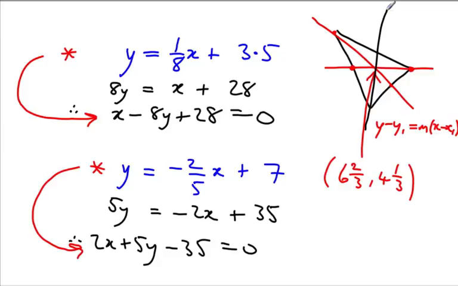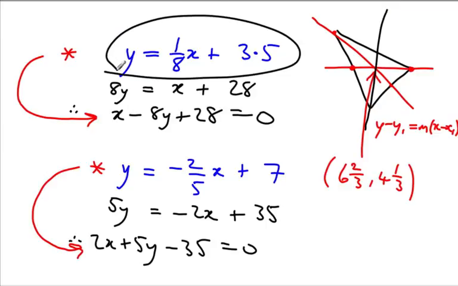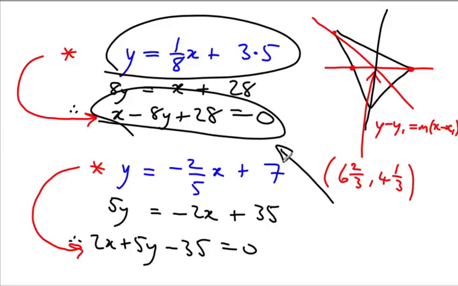We've already done it twice, so we work out the equation of that median, and when we've done that, we'll have an equation that looks something like this, or general form, whichever way you want to write it, and then you take the 6 2/3, substitute it in, and look at that, it works.